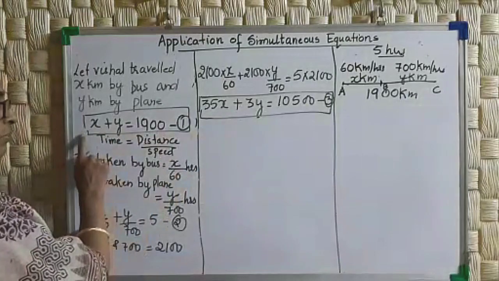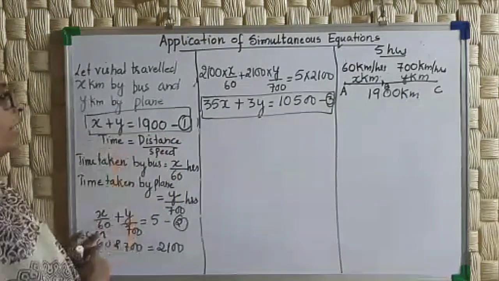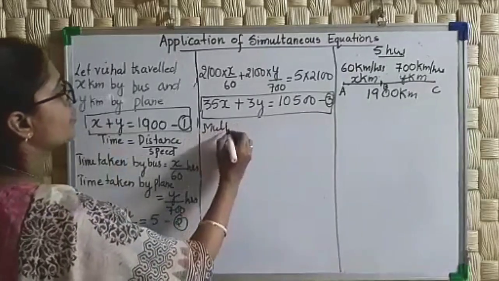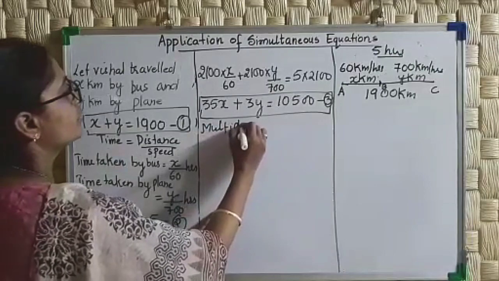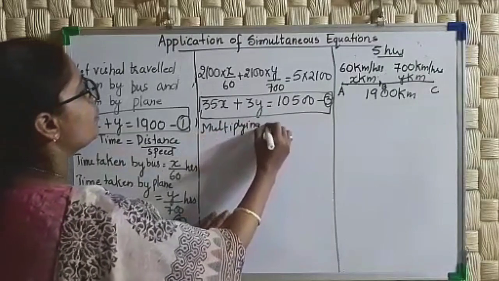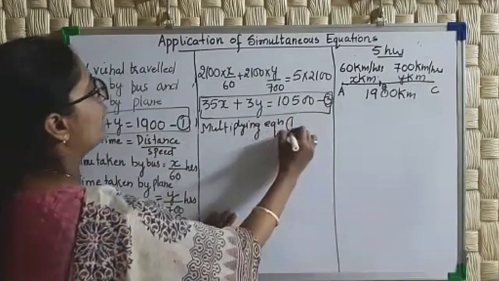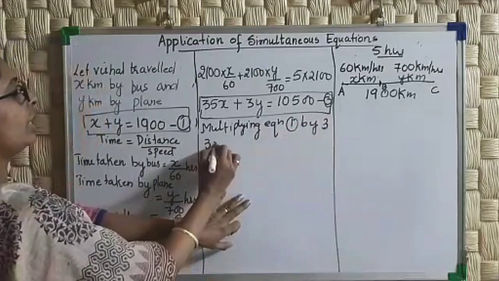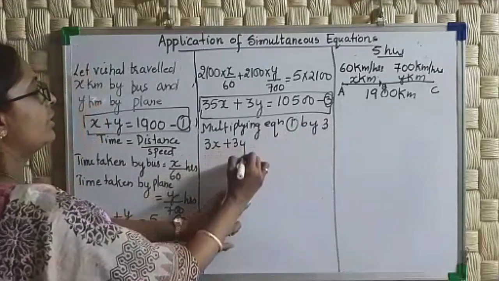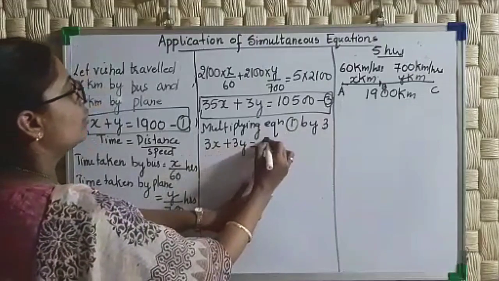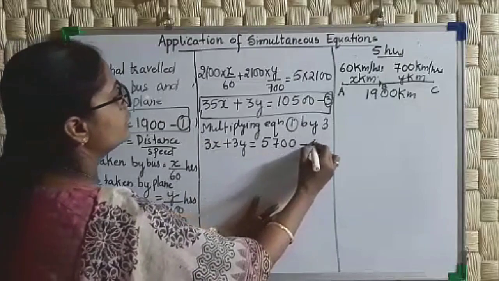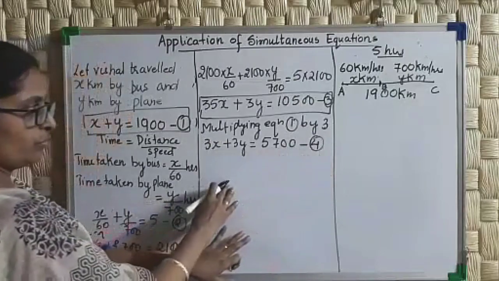Multiplying equation 1 by 3, we get 3x plus 3y is equal to 5700. You can take it as the fourth equation.